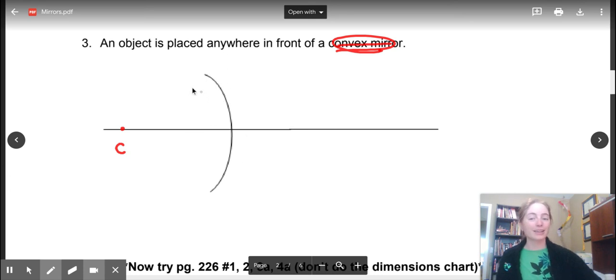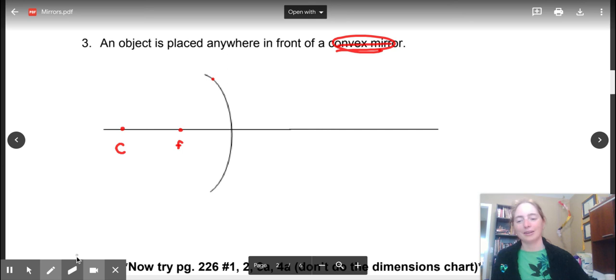This is the shiny side, but your center of curvature is going to be here. And the focal point is going to be on the opposite side of that mirror. Remember, when you have a mirror that curves out like this, a convex mirror, the rays of light are all going to be going that way. It's where they appear to be converging that we're going to get our image.